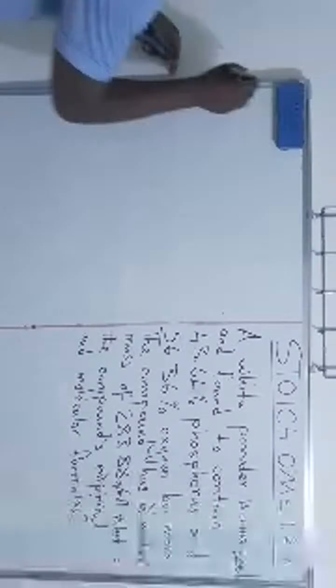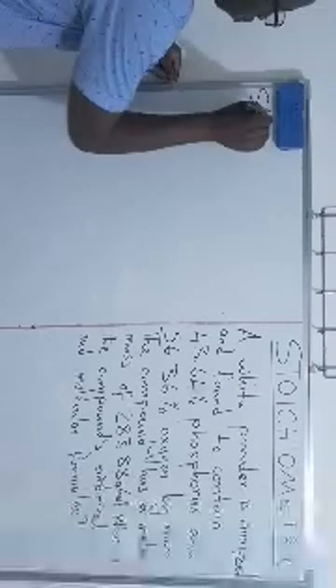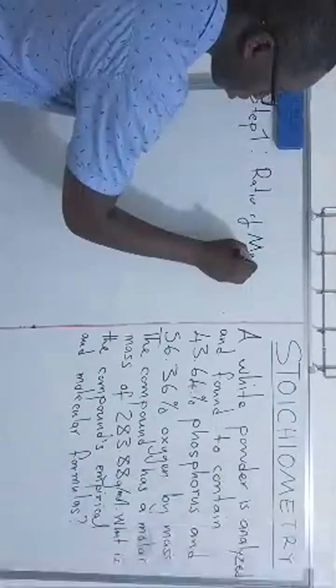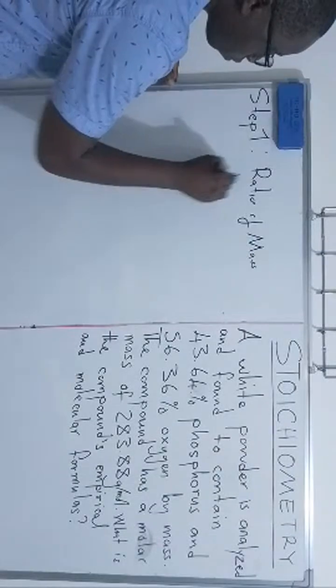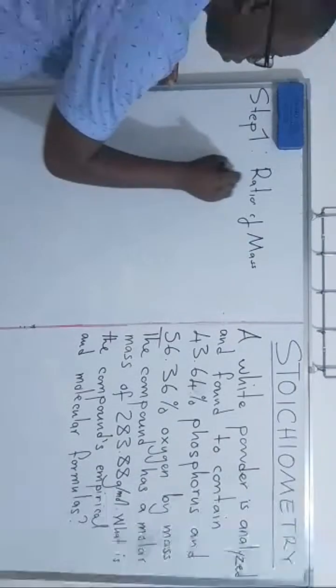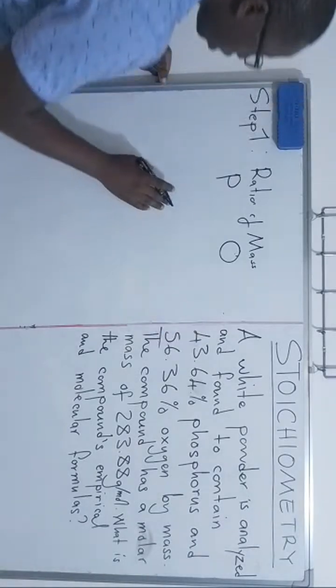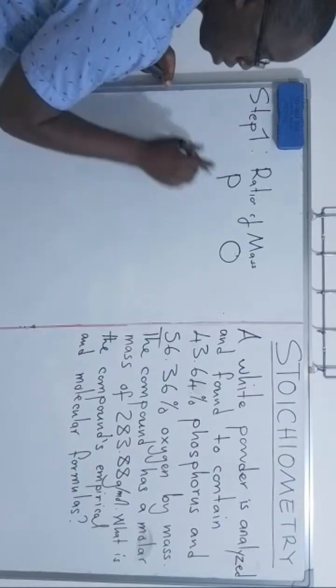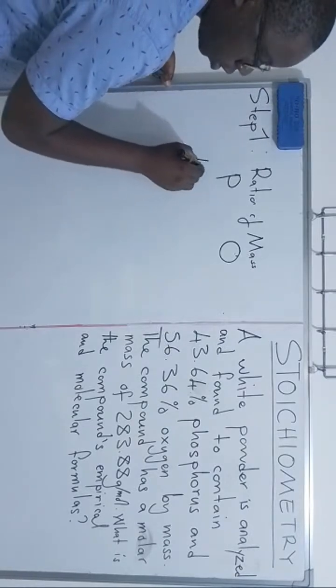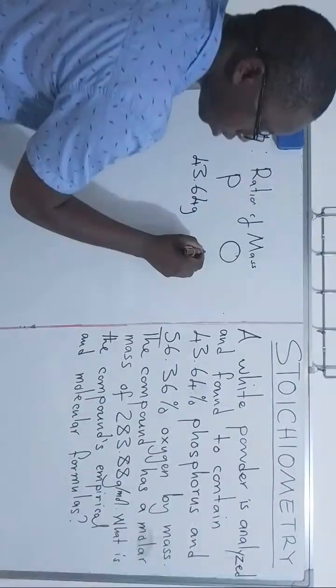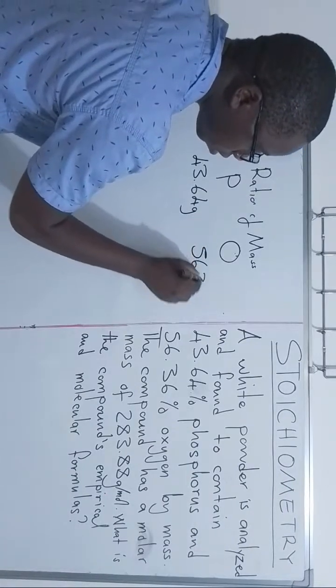So we are saying step 1, we are going to make the ratio of mass. Now, the elements involved, we have phosphorus and oxygen. So according to what we have here, we have the ratios by mass of 43.64 grams and 56.36 grams.